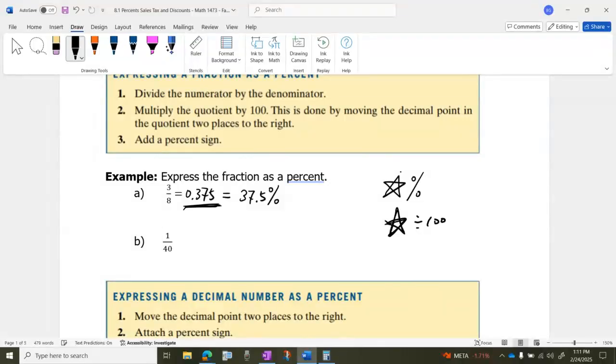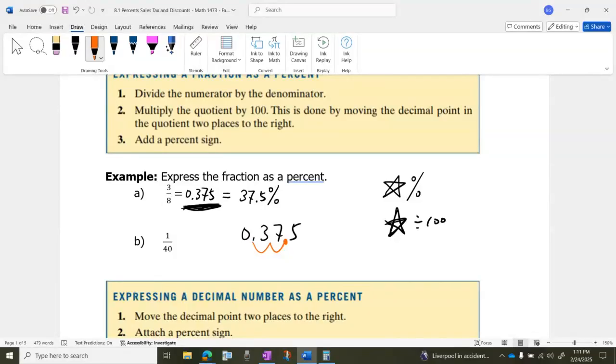So remember, this is a decimal that's equivalent to the fraction. First, we make the number 100 times bigger. We multiply the number by 100, or simply we move the decimal point to the right twice. 0.375 multiplied by 100 is 37.5.